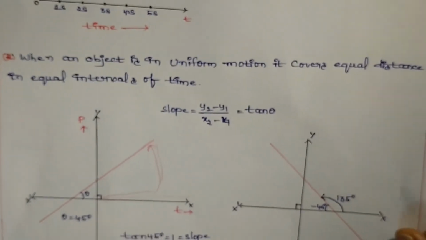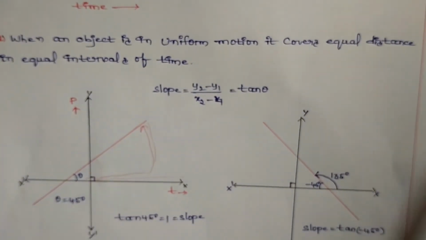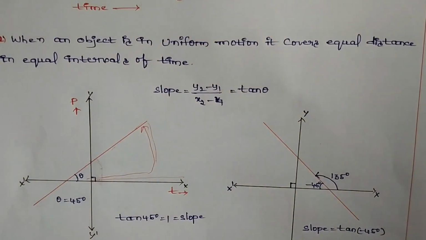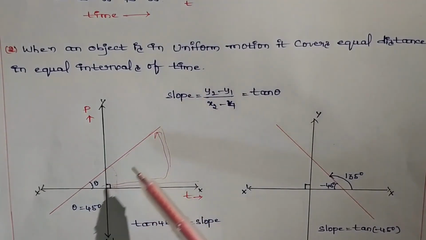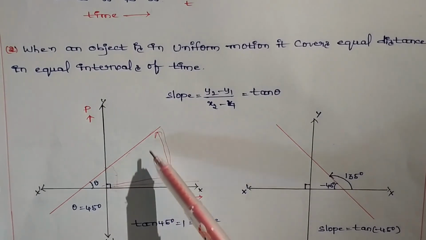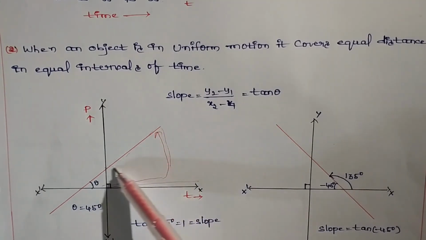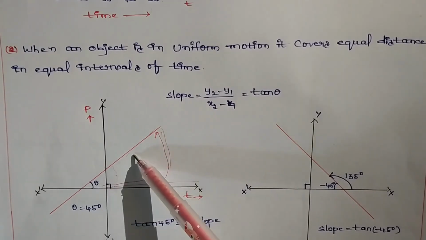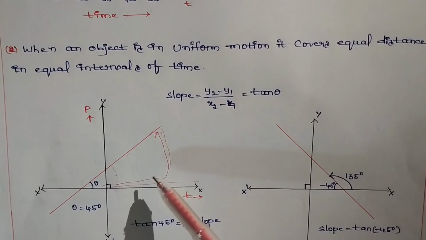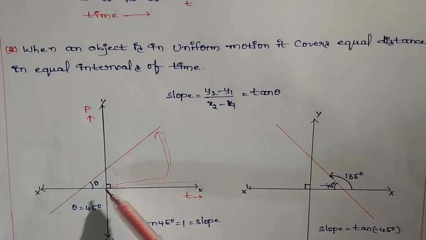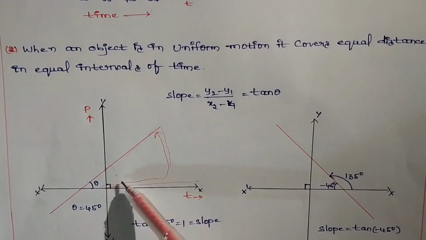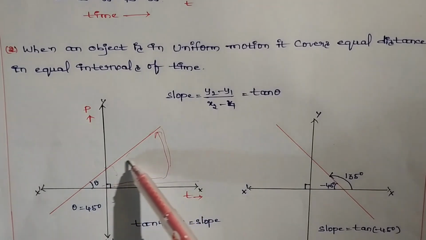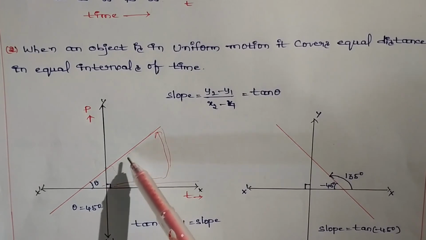If you see in this example, the slope of the line, that is vertical change and horizontal change, is positive if it makes an acute angle in the anti-clockwise direction with the x-axis. Here it will give theta.